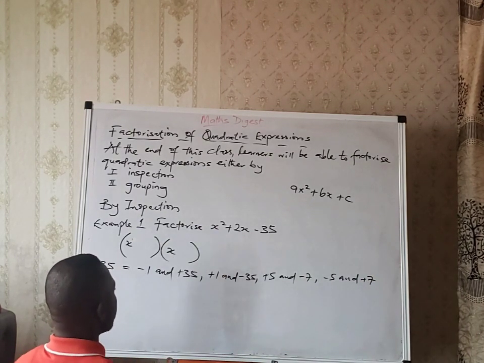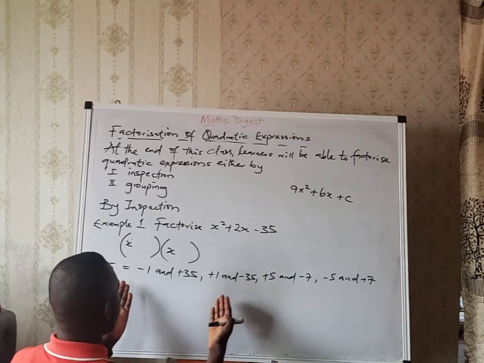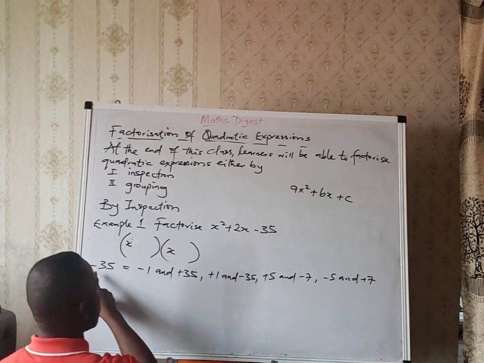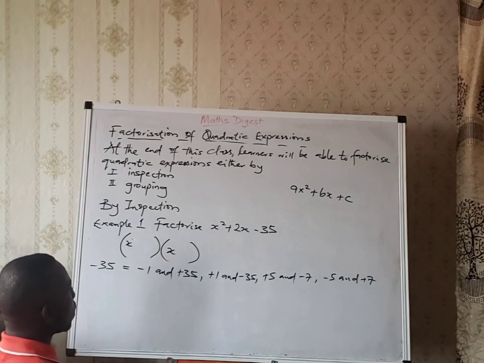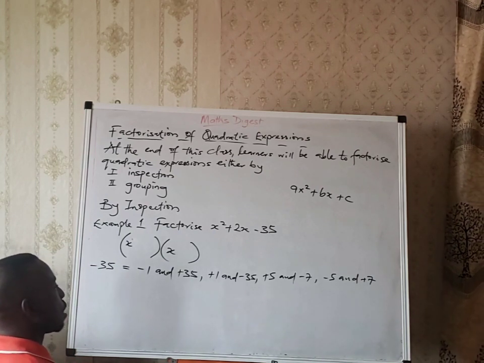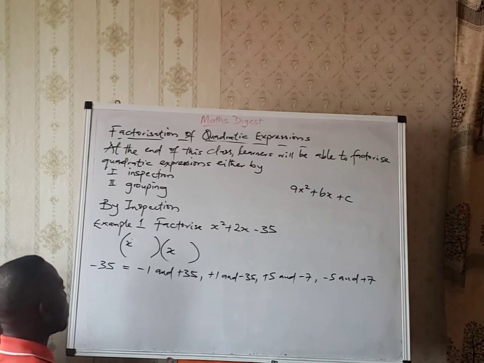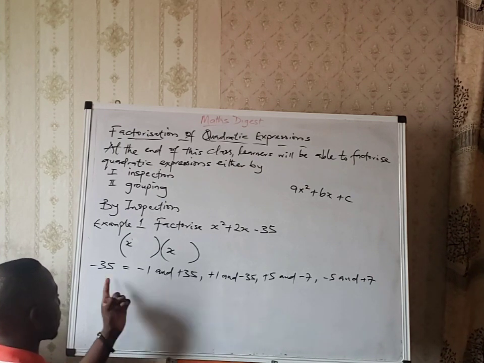So quickly, if you check any of these, they can give you minus 35.